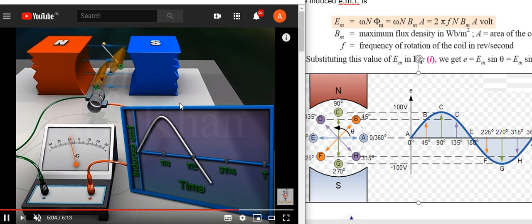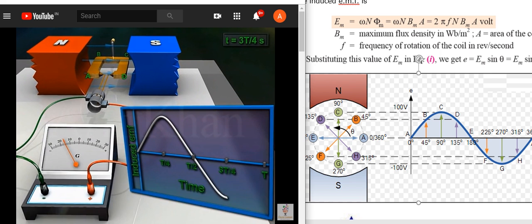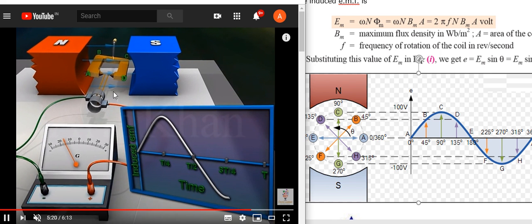Next it rotates and becomes perpendicular to the magnetic field. Initially it was 90 degrees here, now it becomes 270 degrees. So you get the maximum EMF in the negative direction. Again it rotates and reaches the initial position AB.